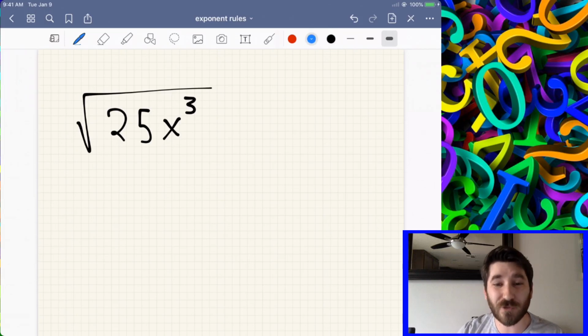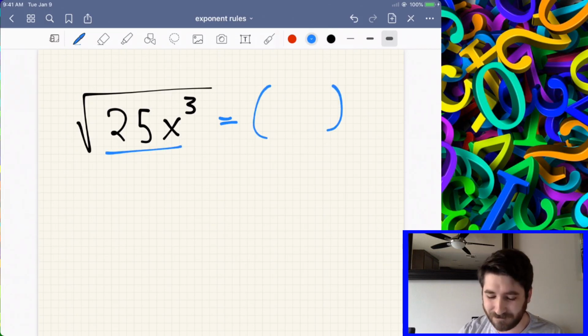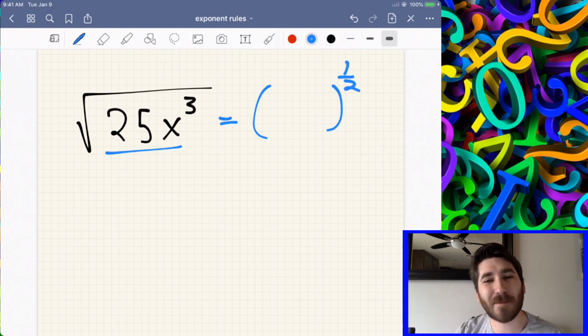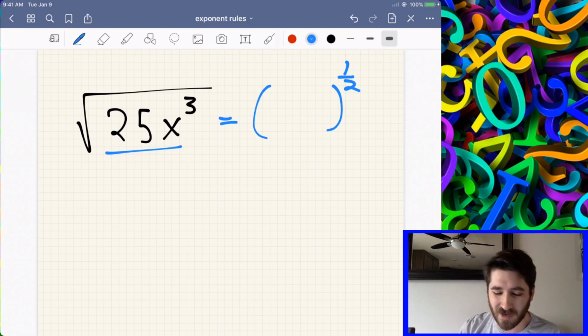That square root is the same as having that base, all this stuff, to the power of 1/2. That denominator in the exponent represents the root. In this case, a square root because it's of the number 2. Let's put our base back in there.